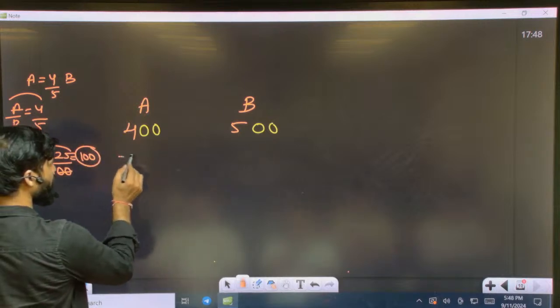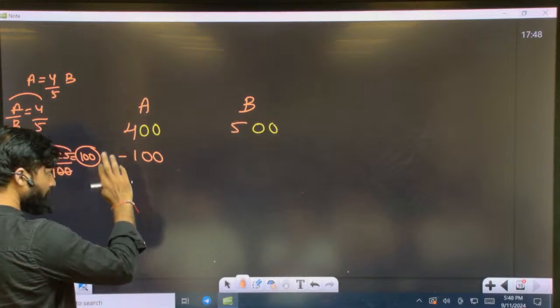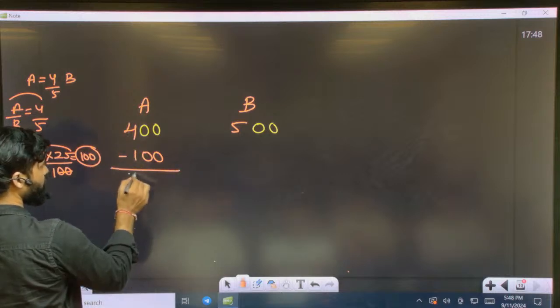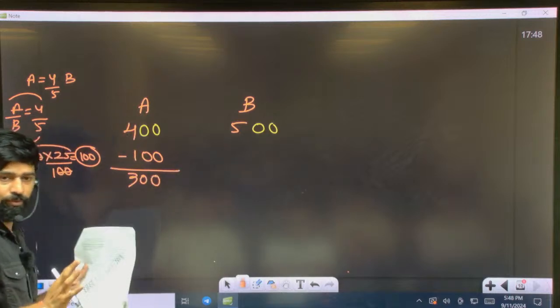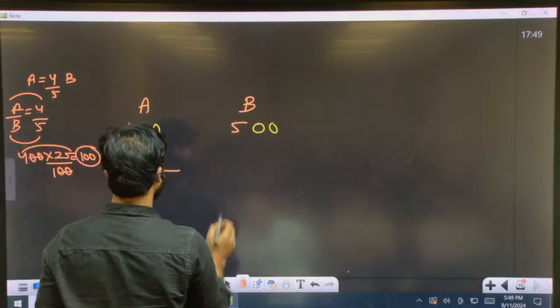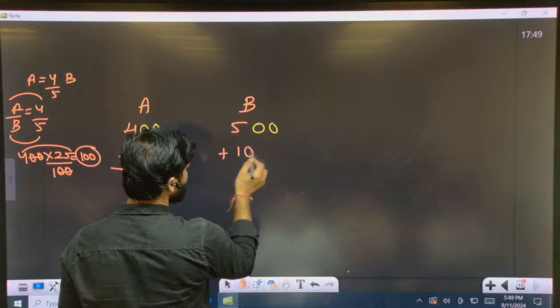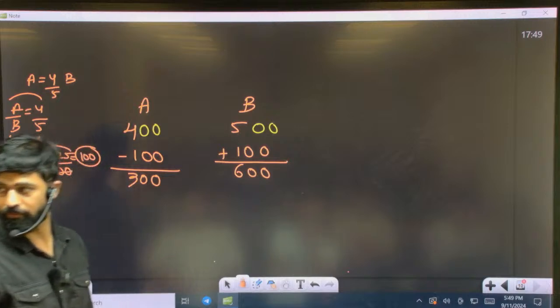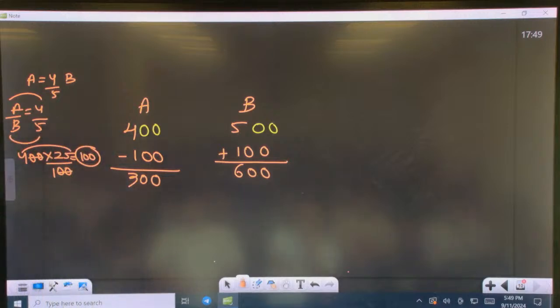So these 100 units of books will be less in A, or you can say now there are 300 units of books in A, and they are transferred to B. So 100 will be added in B. Now B has 600 units.